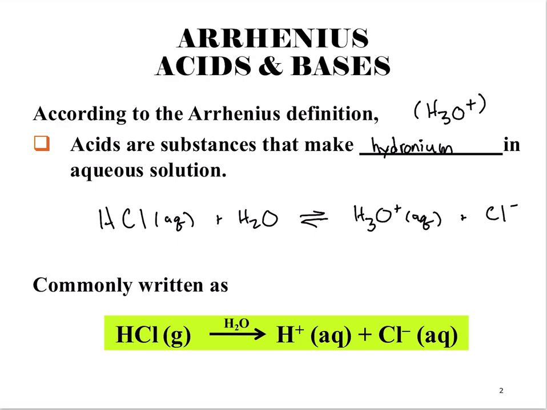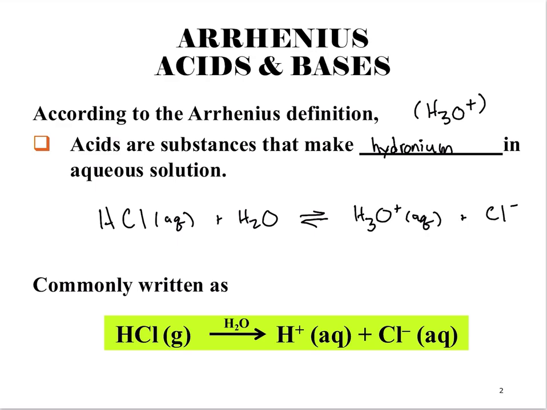This should start to look and feel similar to the ionic compounds that we were talking about in solutions, in that they start to dissociate. The proton dissociates from the chlorine the same way in ionic compounds, sodium and chloride dissociate from each other as well. And we'll talk a little bit about how this is related to the strength of an acid and how that's similar to the strength of an electrolyte.